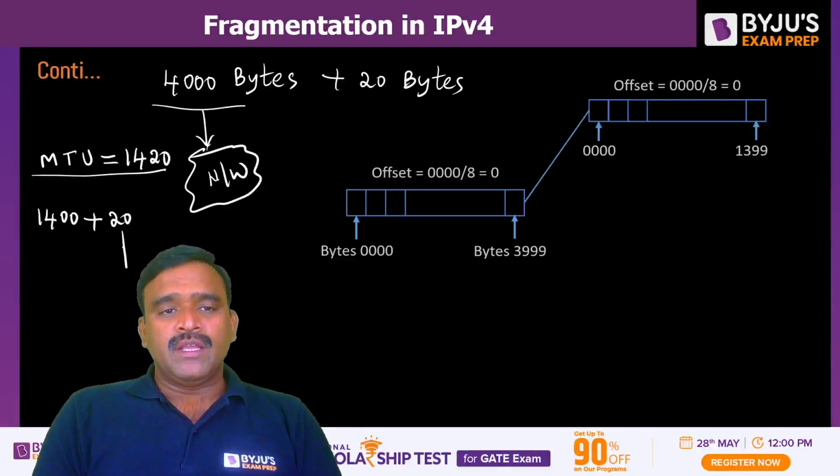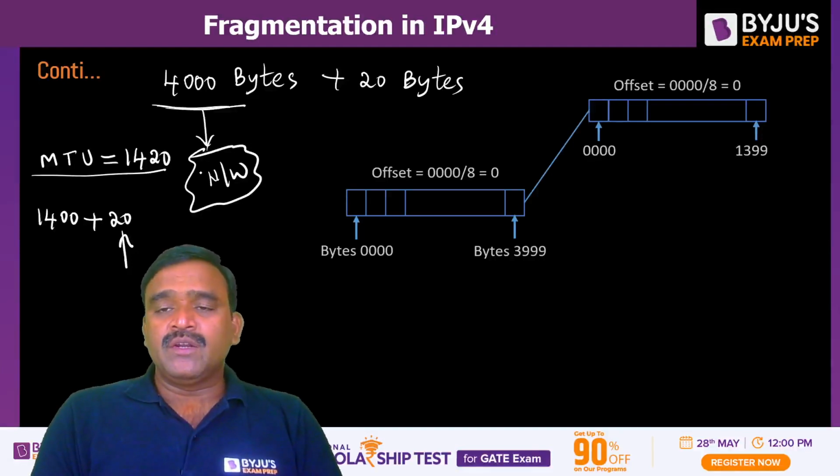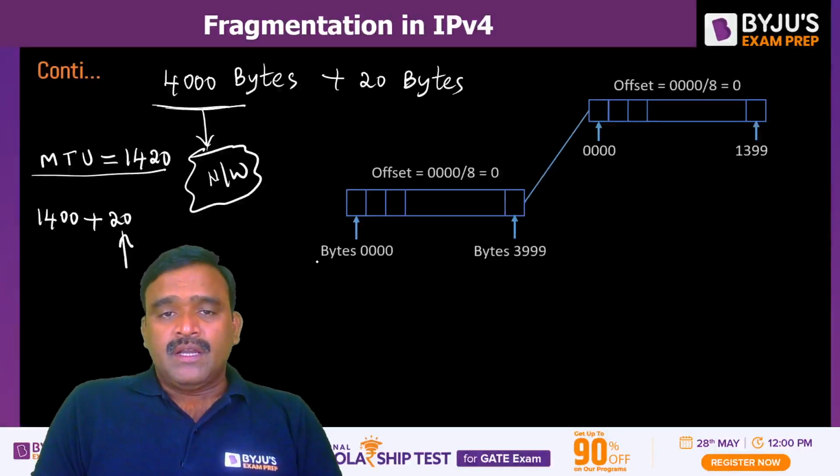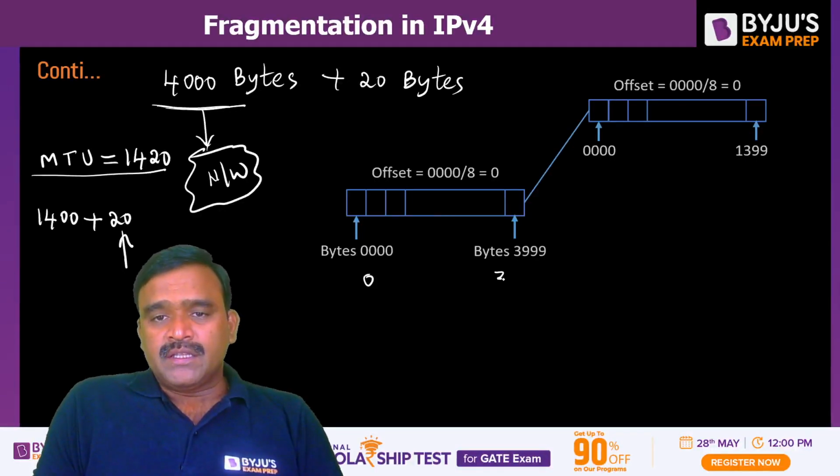So what is this 20 header? This 4000 bytes of payload should be divided into different chunks, with byte IDs 0 to 3999 in the original datagram. This is the original datagram, undivided.